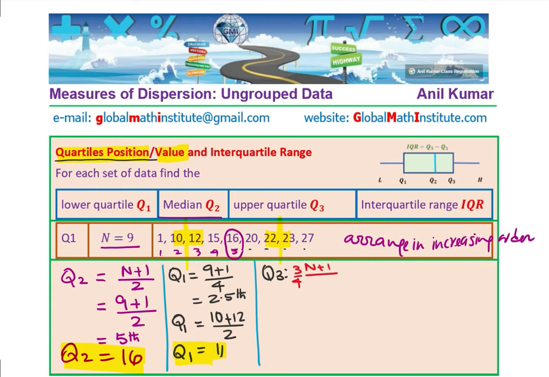Or better, 3 times n plus 1 divided by 4. You can write like this also, right? But 3 times Q1 value, right? So we get the position which is 30 by 4. N is 9, right? Which is 8.5, right?